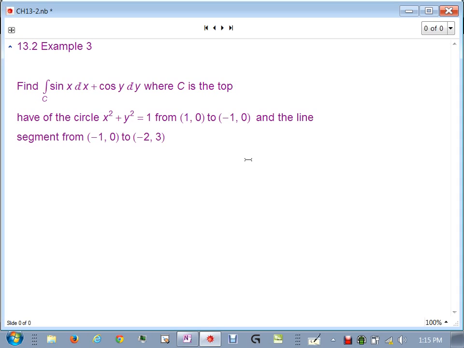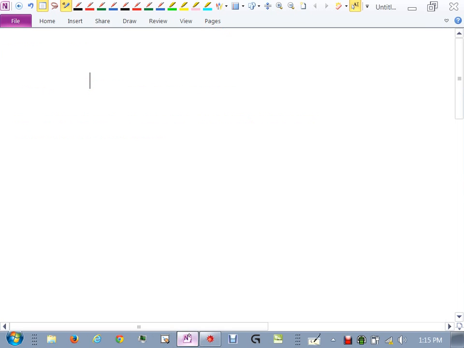Of sine x dx plus cosine y dy, where C is the top half of the unit circle.